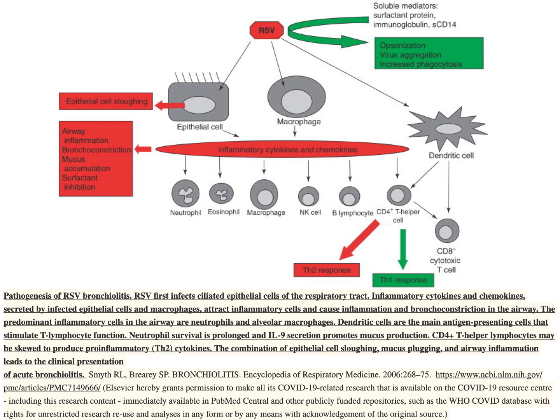CD4 positive T helper lymphocytes may be skewed to produce pro-inflammatory Th2 cytokines. The combination of epithelial cell sloughing, mucus plugging, and airway inflammation leads to the clinical presentation of acute bronchiolitis.